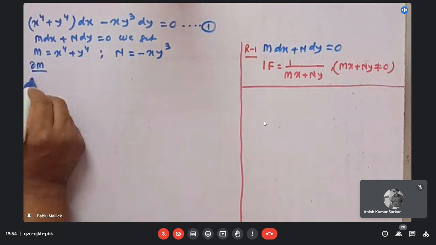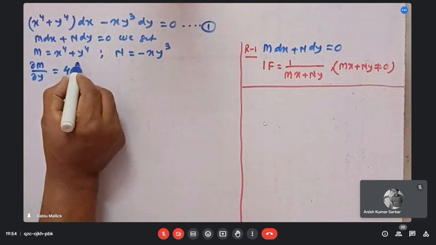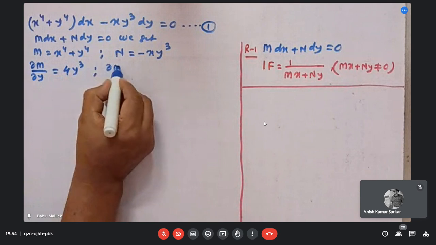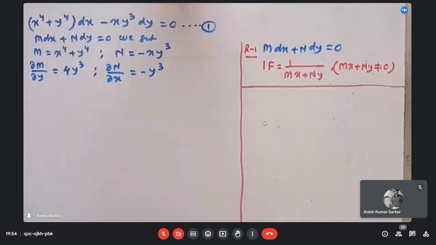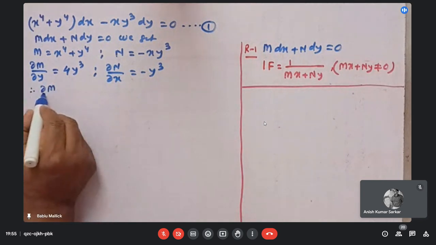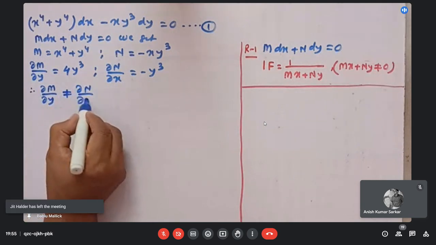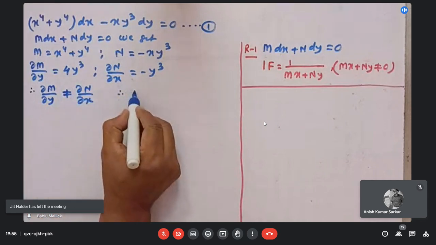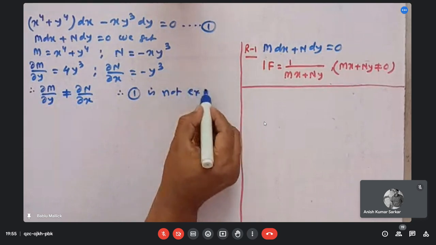So del m by del y is equal to 4y cube, and del n by del x is equal to minus of y cube. Therefore del m by del y is not equal to del n by del x. Therefore equation 1 is not exact.